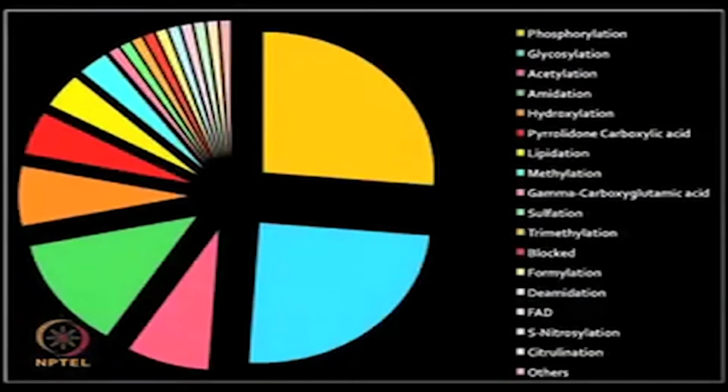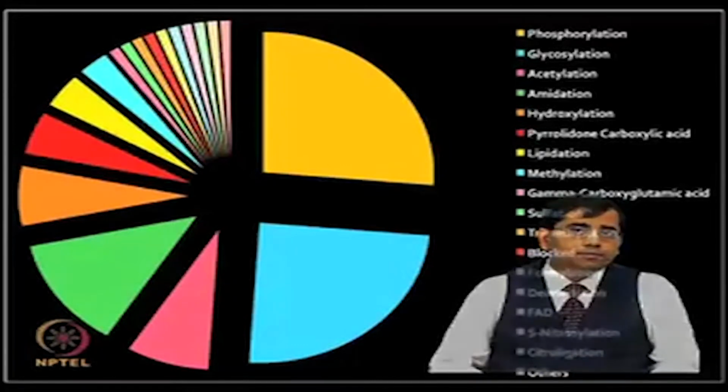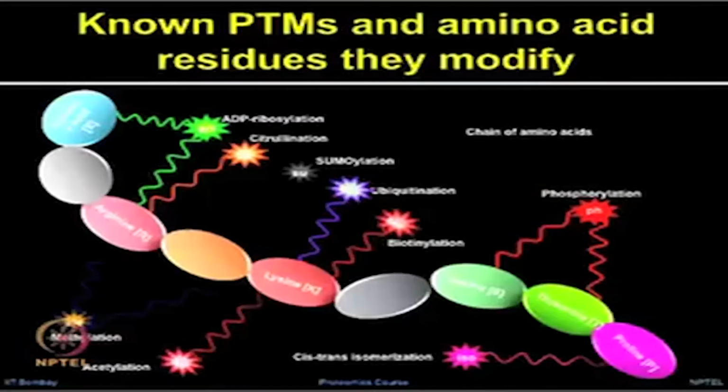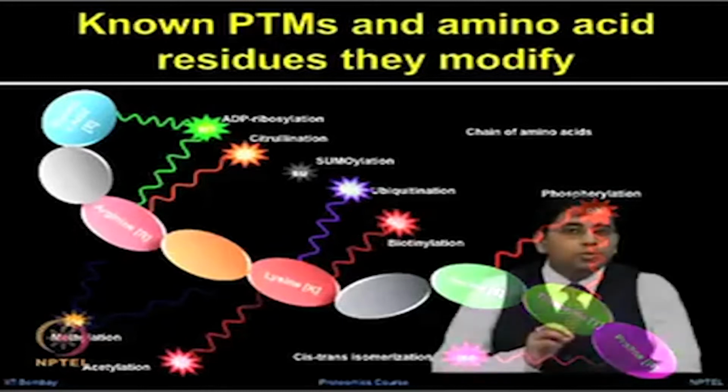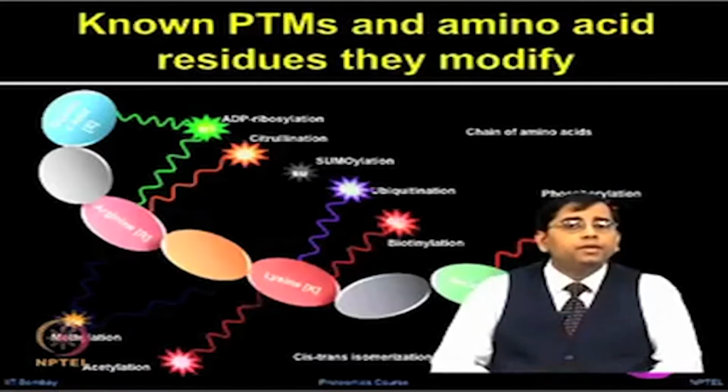The most commonly observed PTMs include phosphorylation, glycosylation, methylation as well as hydroxylation and acylation. Many of these modifications, particularly phosphorylation, serve as a regular mechanism for protein action.